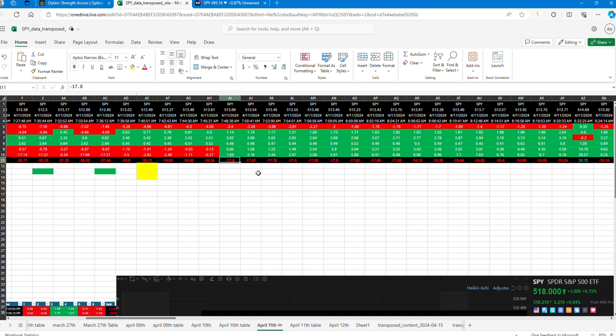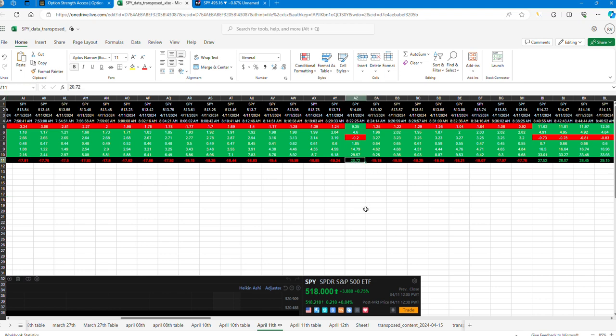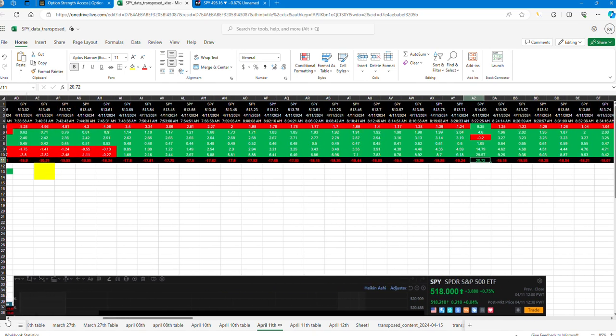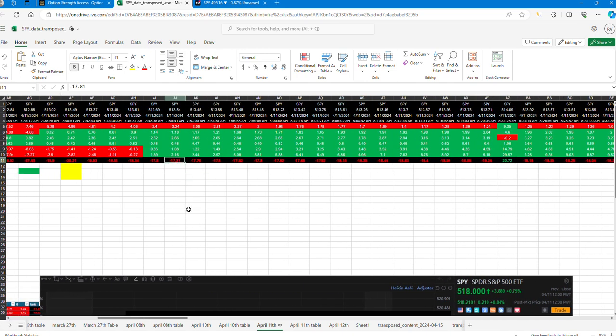But instead, I switched it so that a negative value shows for put strength, whereas a positive value shows for call strength right here. That might confuse people, but I switched it so that it makes sense with what we can see visually: a negative is associated with puts and a positive is associated with calls.